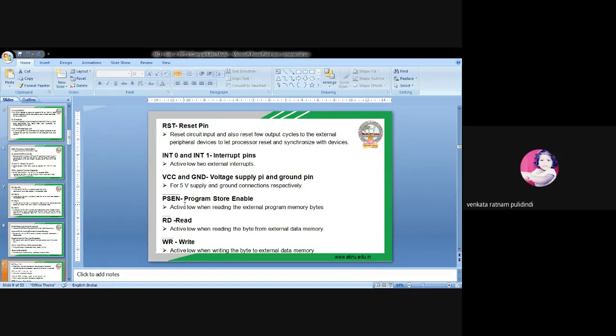Once it is activated, we can read and write using the RD and WR lines. So RD bar is the read line to read the data from the external memory, and sometimes we store the data, or write into the external memory. We use two lines. Okay.